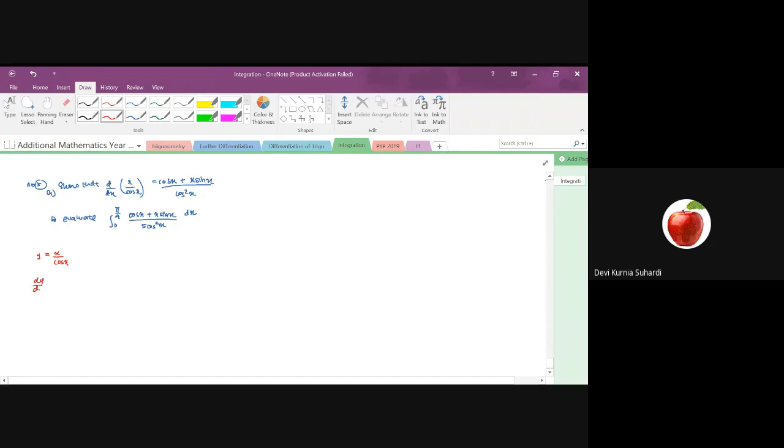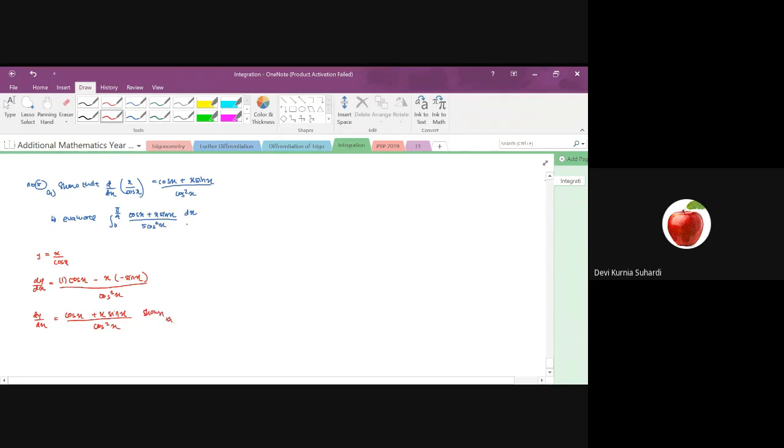So differentiation of this is: differentiate the top first, I get 1, cosine x remains the same, minus this one remains the same, differentiation of cosine is negative sine x, over cosine squared x. Alright, so therefore I get cosine x plus x sine x over cosine squared x. So shown.